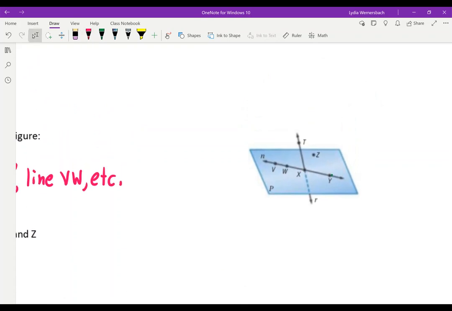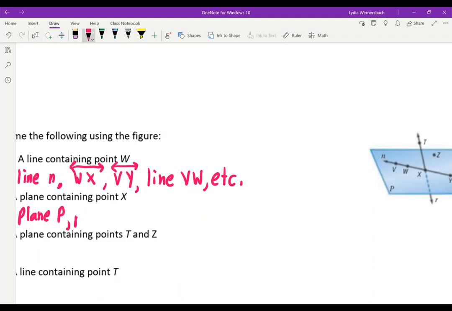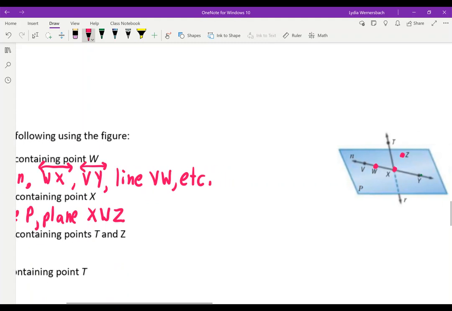Now, we could name it and say, okay, plane X and W are on the same line, but then we could pick point Z, which is not, and that would allow us to call this plane XWZ. So that's totally fine.